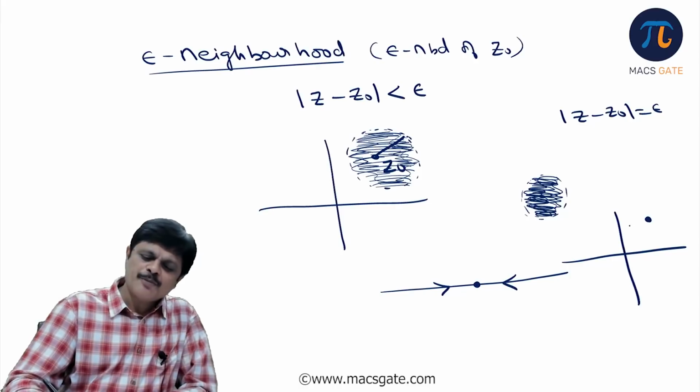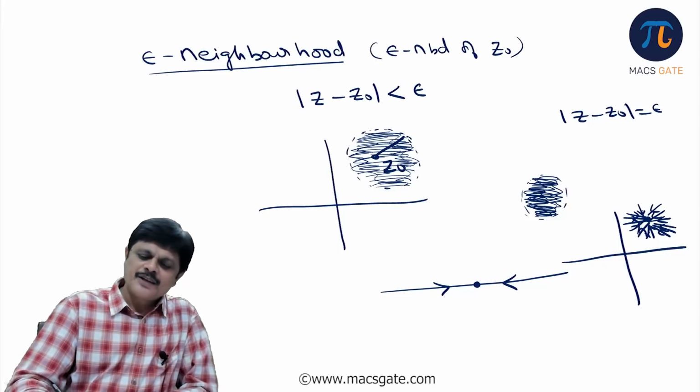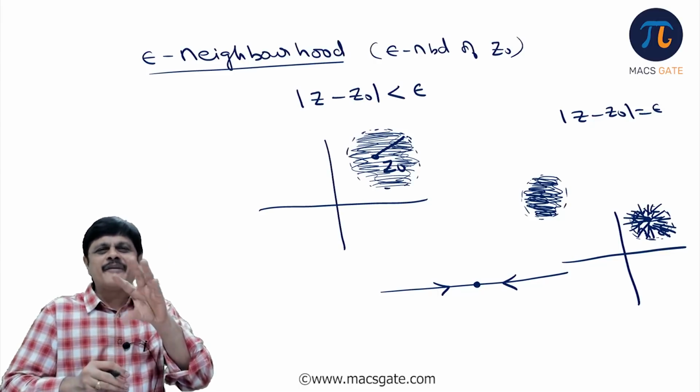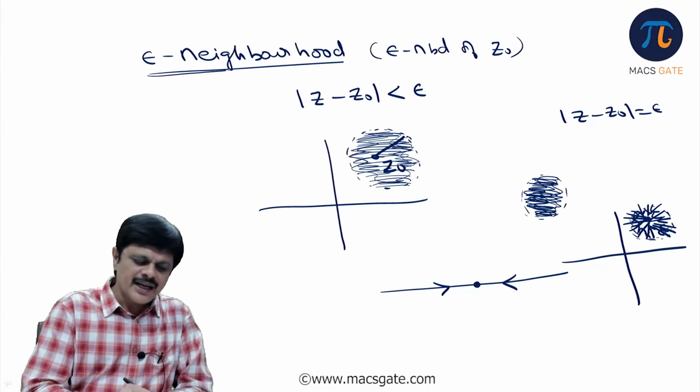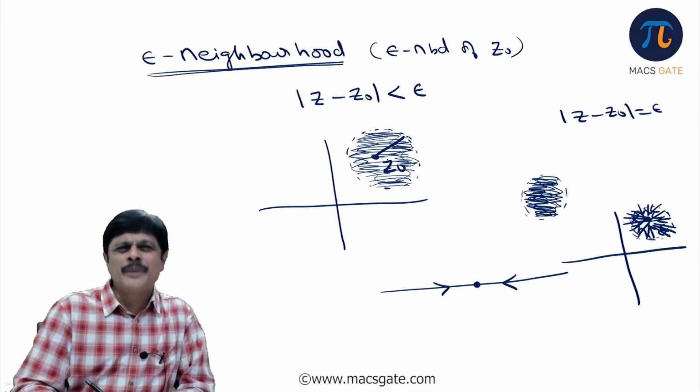Suppose you want to approach this point, you can approach from left, top, right, bottom, like this, in all the directions. So we need to understand the behavior around the point. That's why we consider neighborhoods of the point. They also call it an open disk.